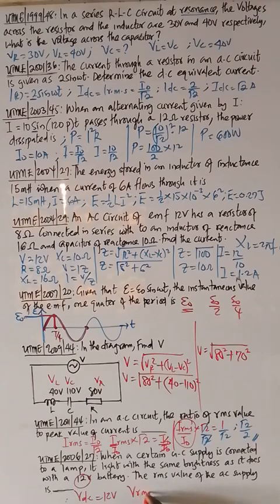We are looking for VRMS. Most people just do 12 times root 2. No, don't make that mistake. When I started the lecture, remember I told you that VRMS equals VDC. So just equate both. Since VDC is 12, VRMS equals 12 volts. Don't make that mistake. VDC equals VRMS, IDC equals IRMS.